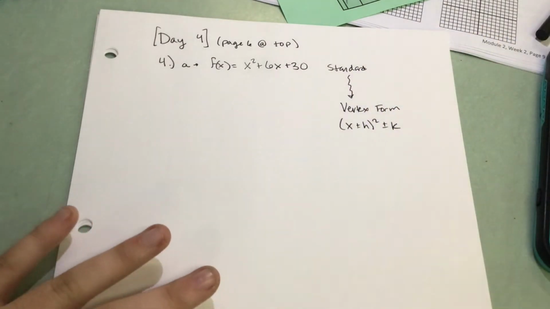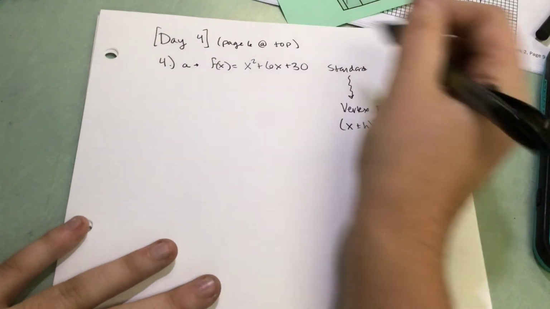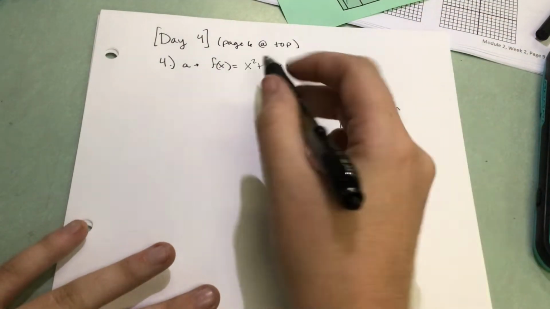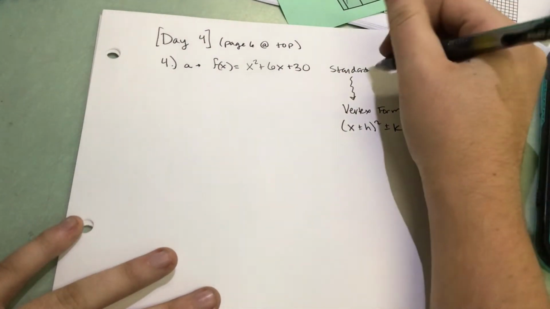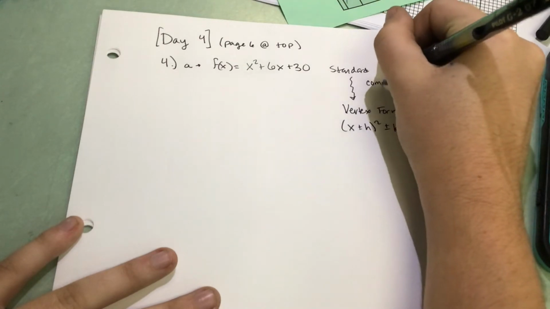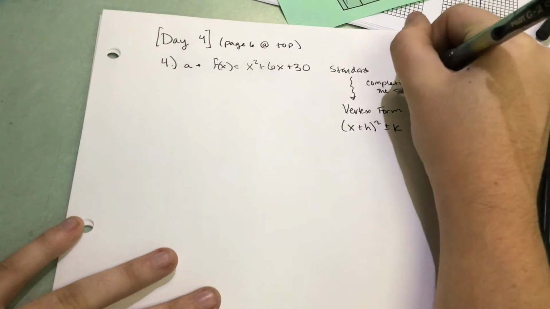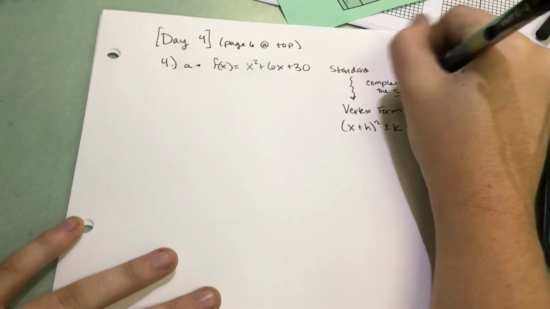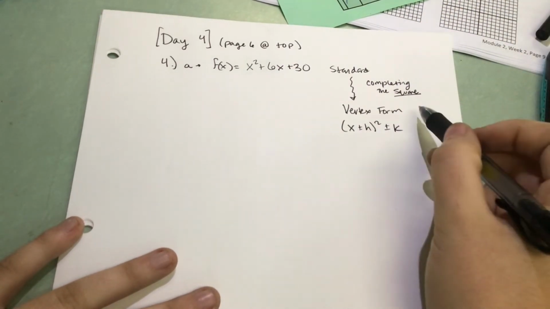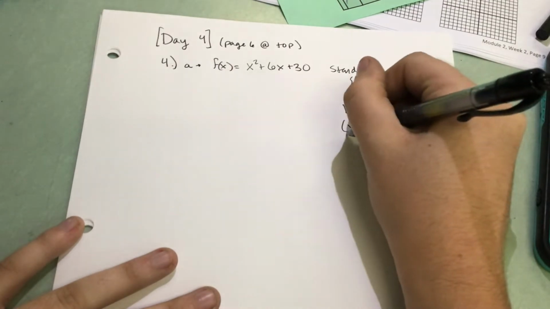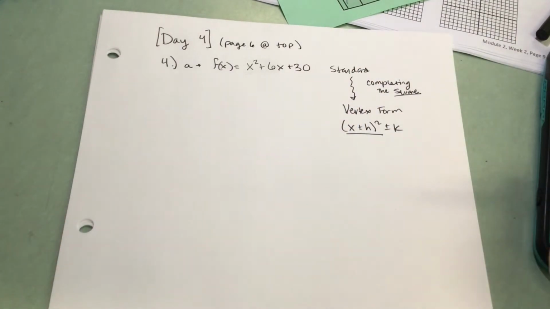So we're going to figure out what to do with this one to make it look like that. We're going to use this process called completing the square. The reason we're going to complete the square is because we want it to be something that has the same dimensions on top and bottom.